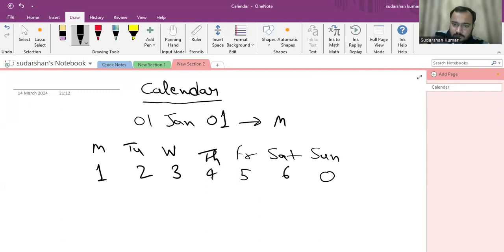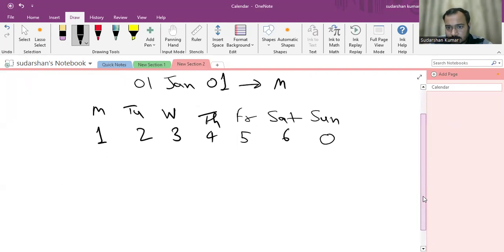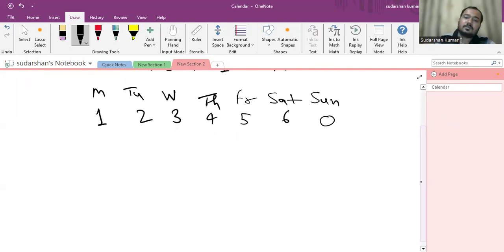Why is this 0 there? There is a reason behind why Sunday is coded as 0. This number is given from odd days.